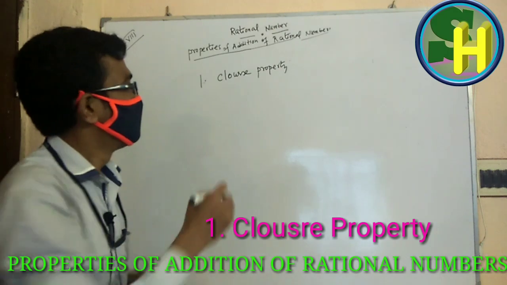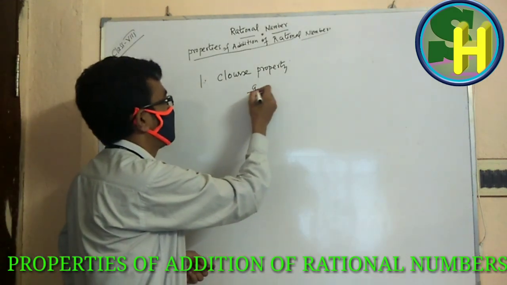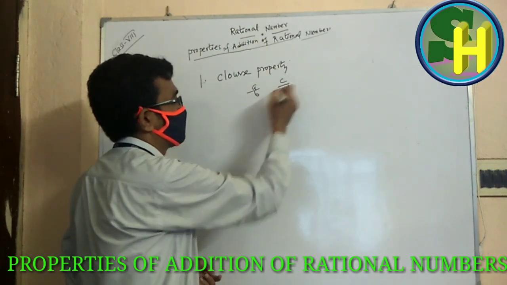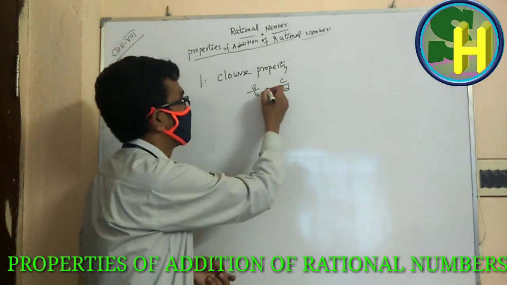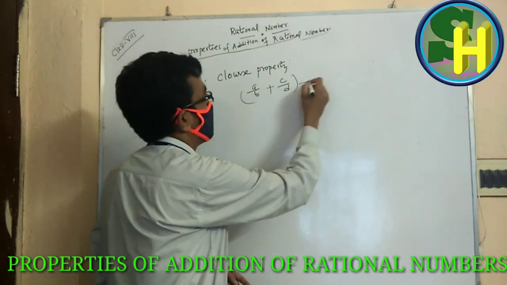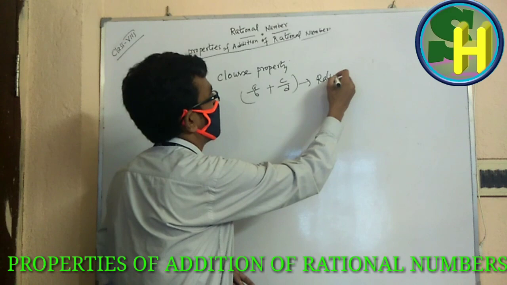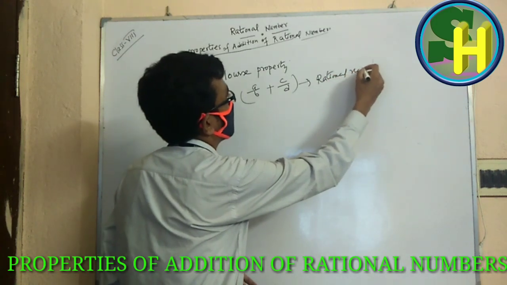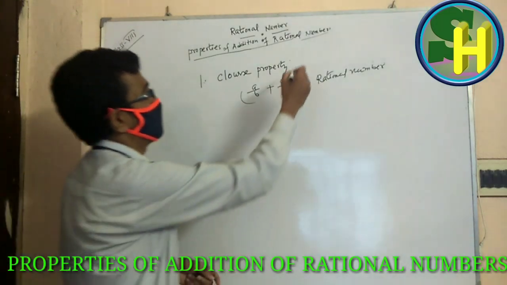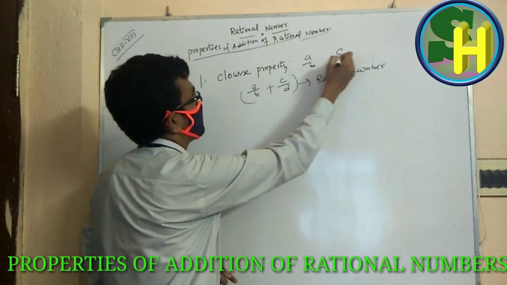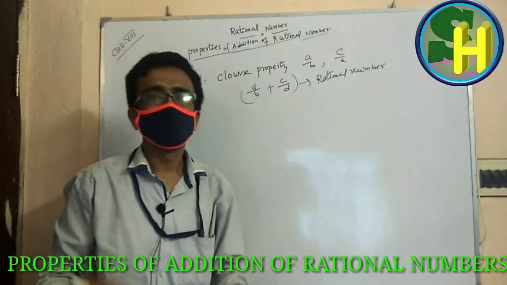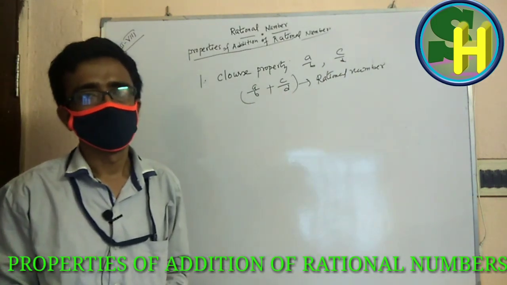The closure property states that if A by B is a rational number and C by D is also a rational number, then adding both, the result will also be a rational number.